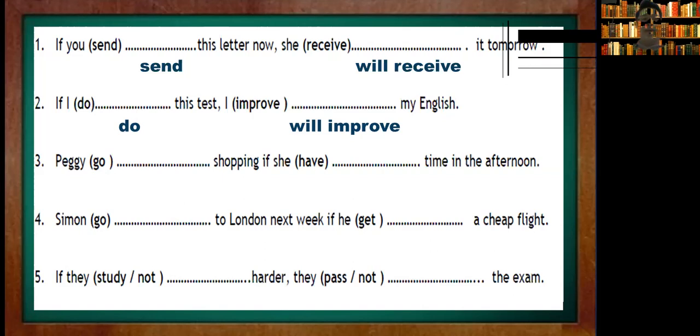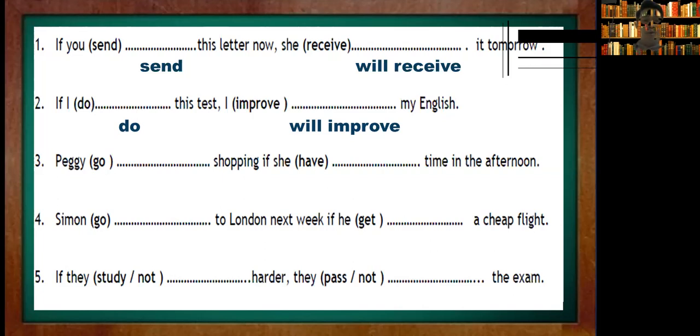Sentence number three. Peggy goes shopping if she have time in the afternoon. This is now a different case because our sentence starts with the result clause, Peggy goes shopping. Then our condition clause, having if as the first word, is in the end part, if she have time in the afternoon. So in this case, no comma, all right?